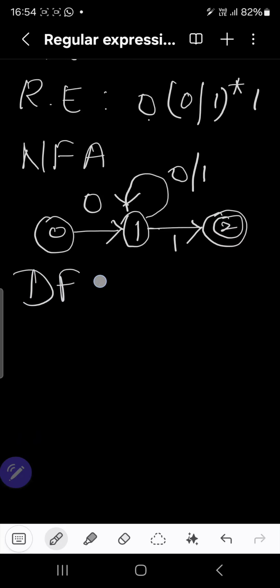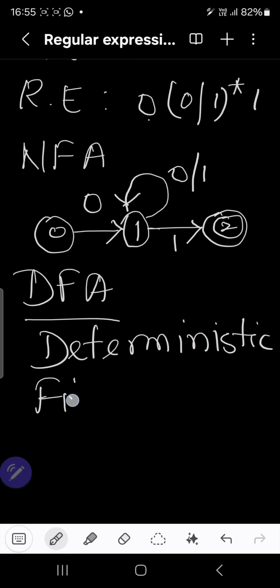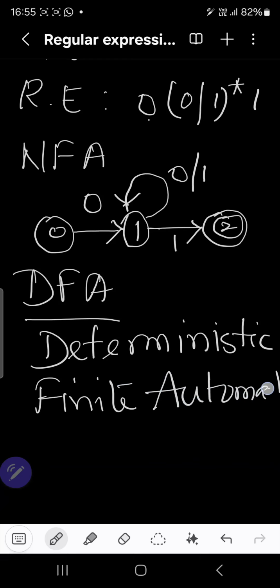Next we are going to see about DFA. DFA is deterministic finite automata. Both NFA and DFA are finite automata, meaning that there will be a finite number of states. An automata is an abstract machine which represents a regular language.